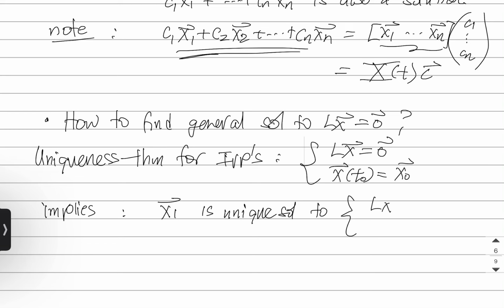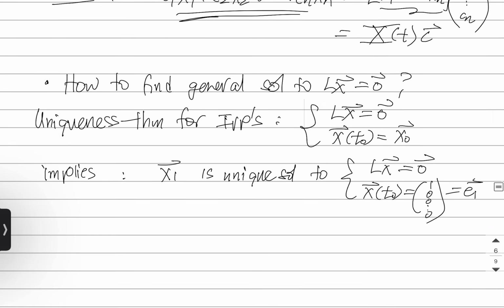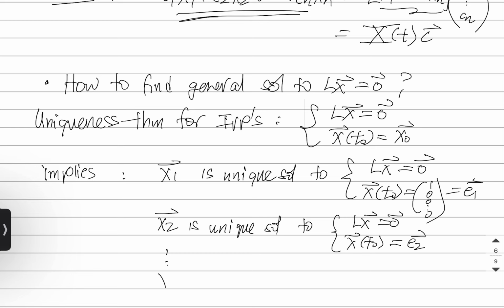So L of x equals 0, and we're going to take the initial condition to just be the vector whose entries are 1, 0, 0, 0 all the way down there. You would know this as the fundamental or the basis vector E1. Let's say that x2 is the unique solution to the same initial value problem, except that the initial condition here is going to be E2, and then I can go all the way down to xn.